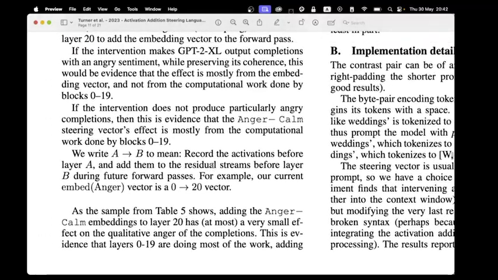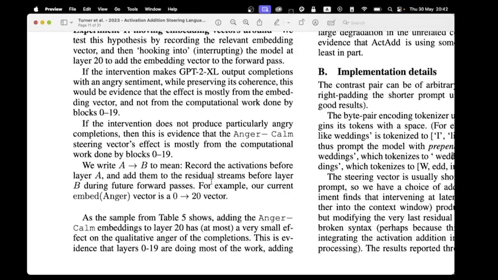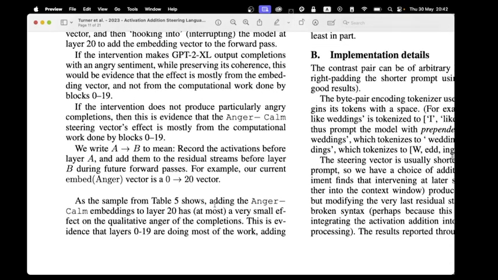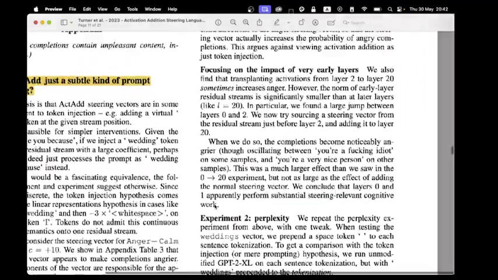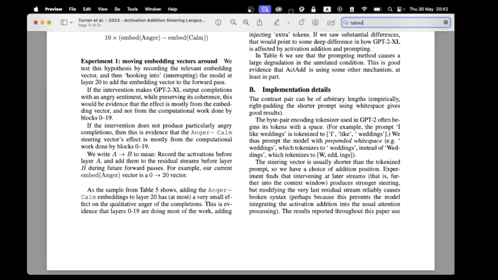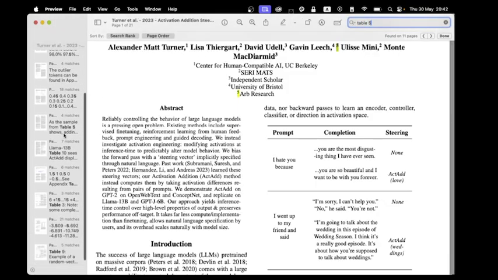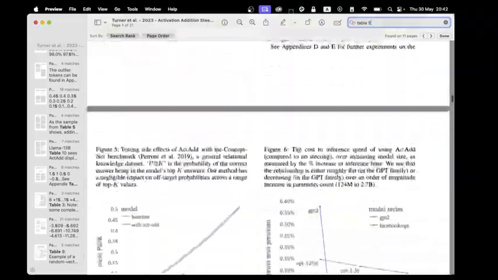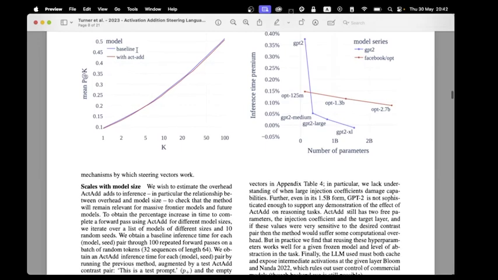What we're going to do is look at table 5 apparently. What's table 5? Yeah, not useful. I think you can do double quotes and it will search for this precise thing.